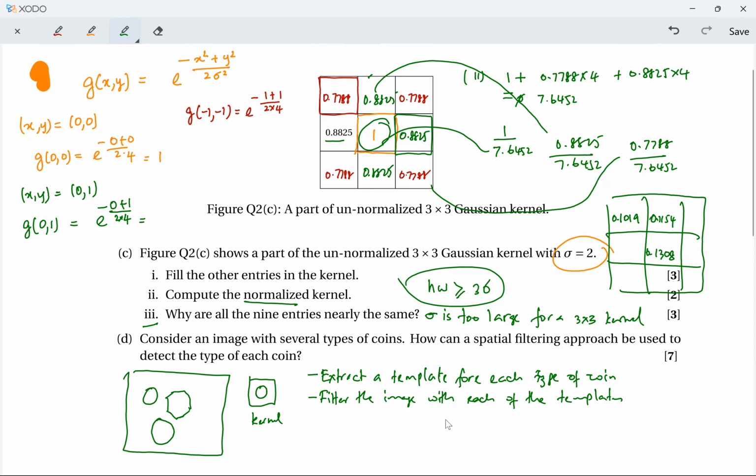So these are the kernels. Then non-maximal suppression, because a lot of points will have high values when you filter using a kernel like this. So you have to do non-maximal suppression to select one point among this hill kind of structure. Okay, thank you.